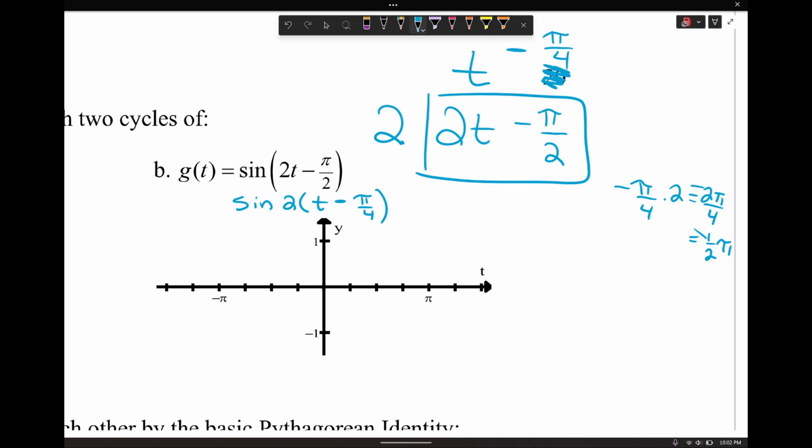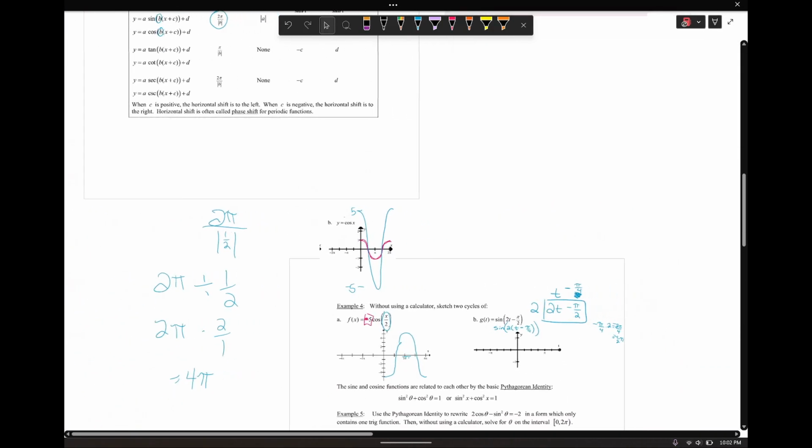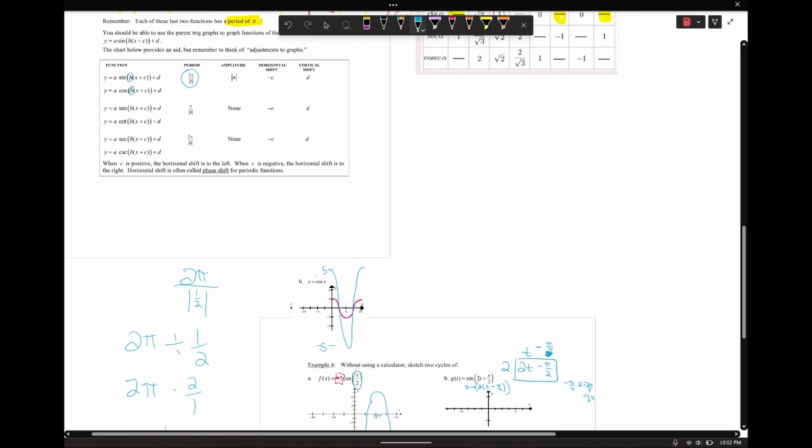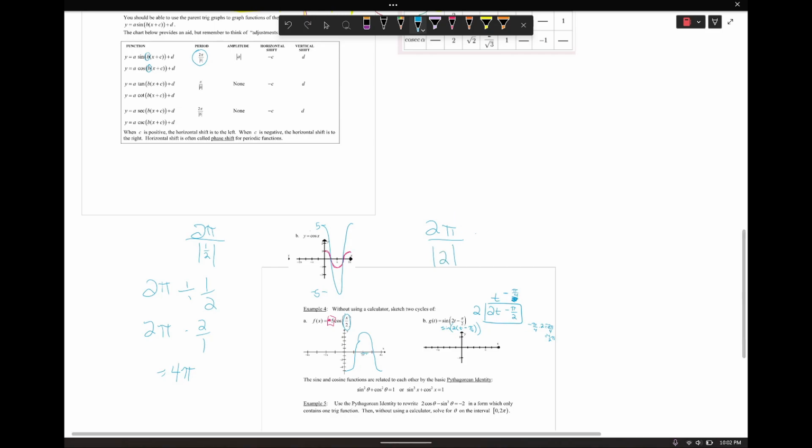Why did I do this? Well, first of all, I now know what is going to change. B is going to change my period, and C is going to change my horizontal shift. My period is 2 pi over the absolute value of B, and B is 2, so that's just pi.